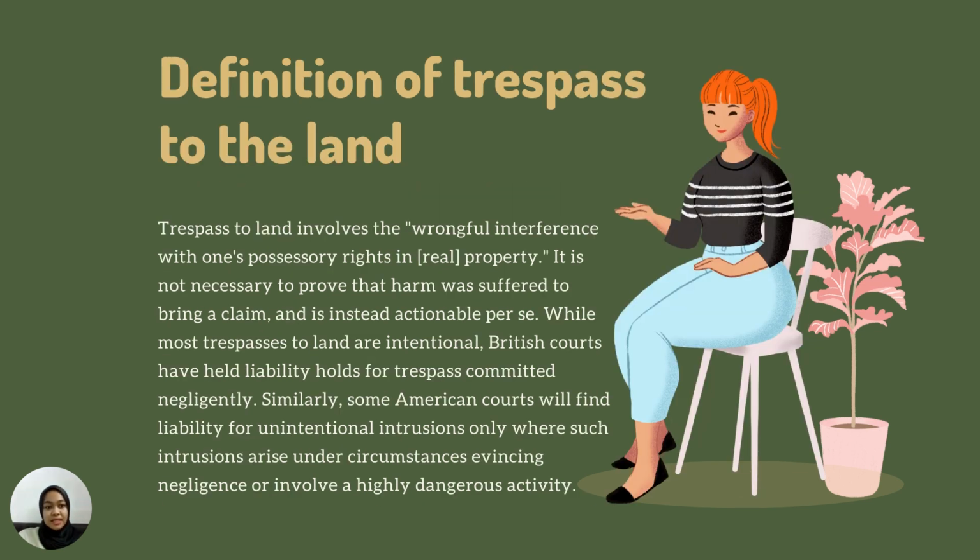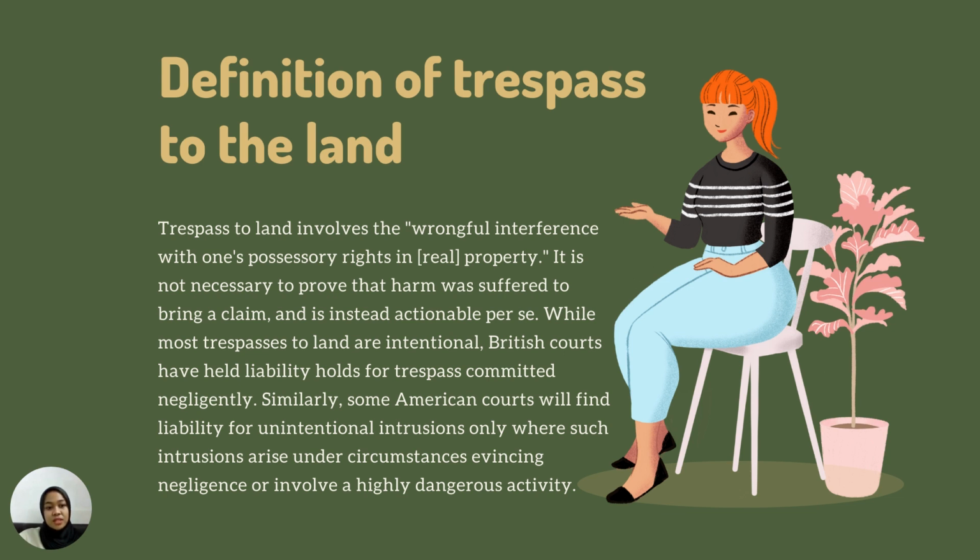And the third is the definition of trespass to the land. Trespass to land involves the wrongful interference with one's possessory right in real property. It is not necessary to prove that harm was suffered to bring a claim, and it is instead actionable per se.